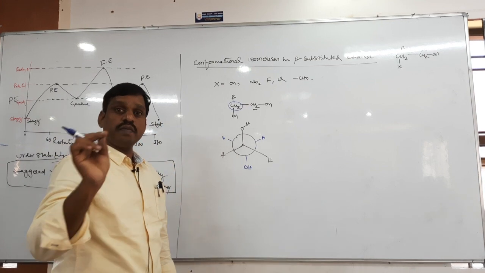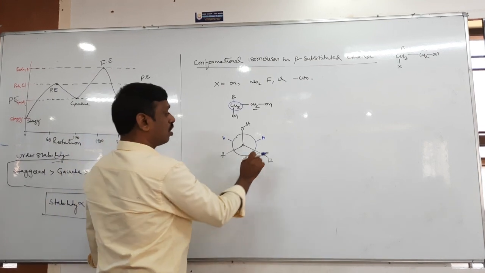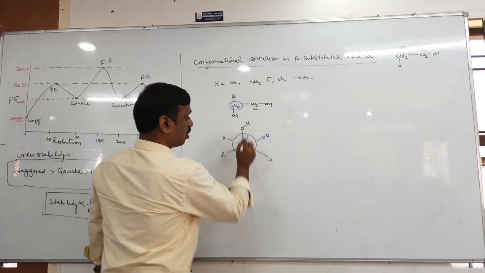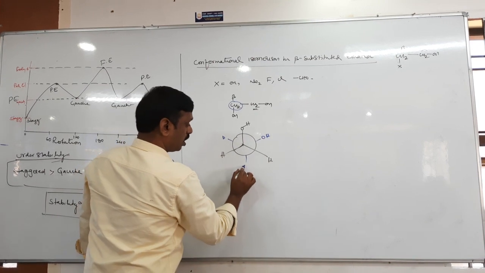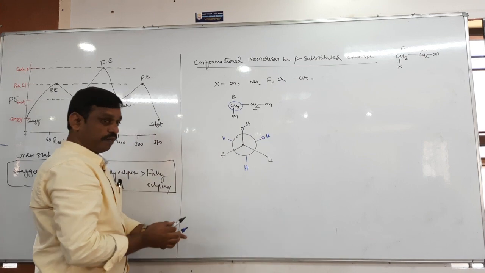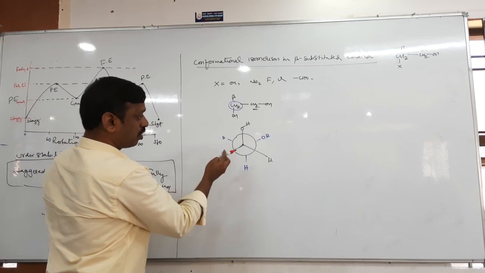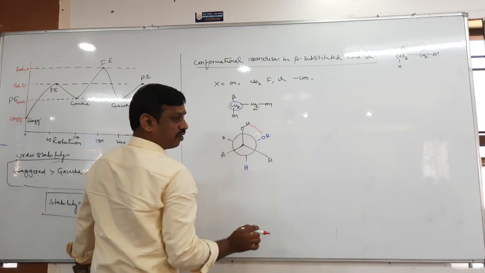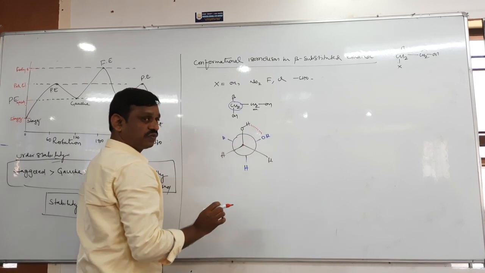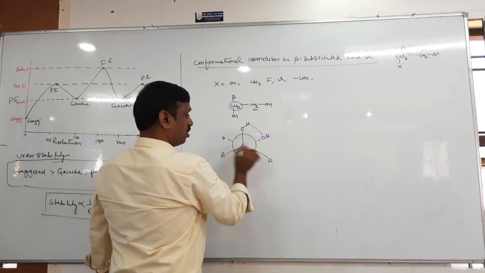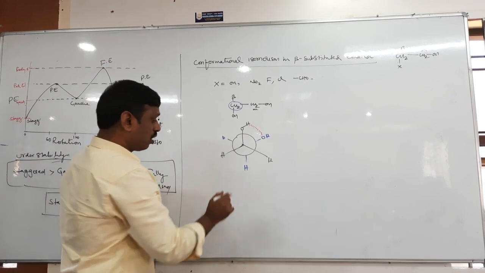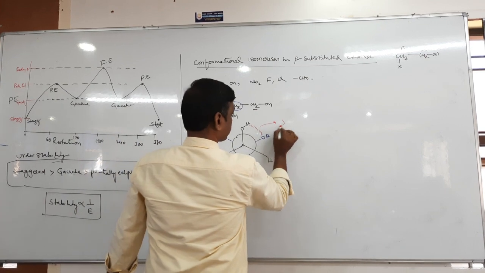But if there is a beta substituted alcohol, the OH group has to come near to this OH group, because then hydrogen bonding is possible between H and this OH. So due to hydrogen bonding, this structure becomes most stable, which is called intramolecular hydrogen bonding.